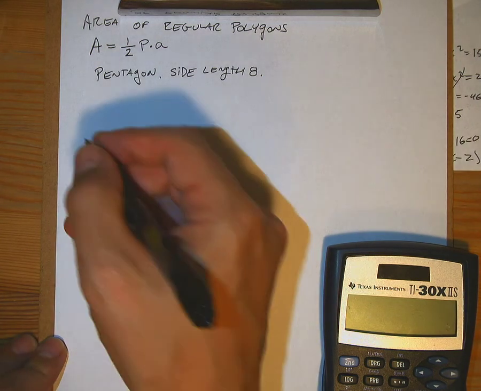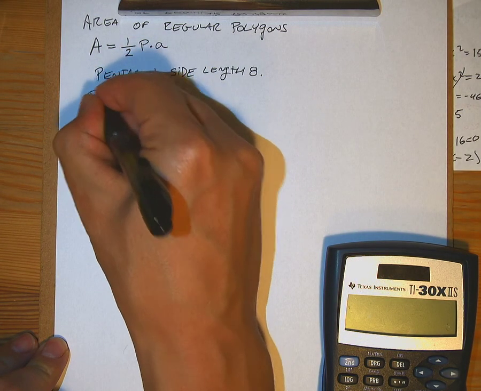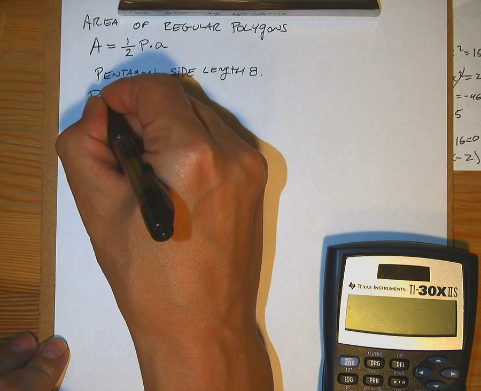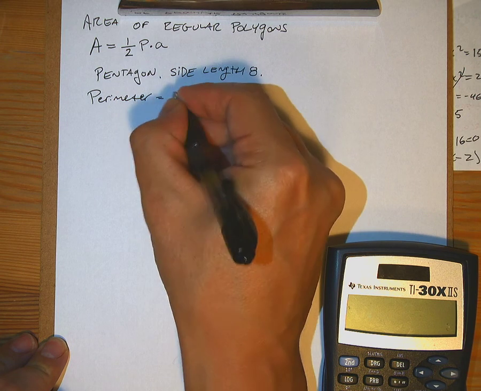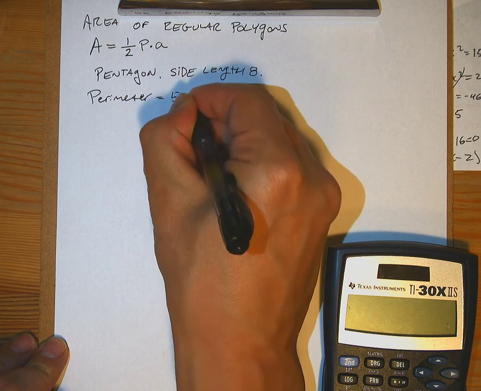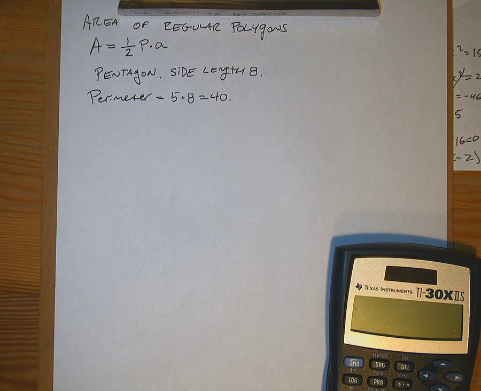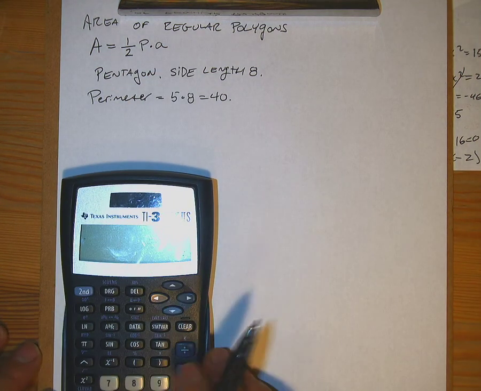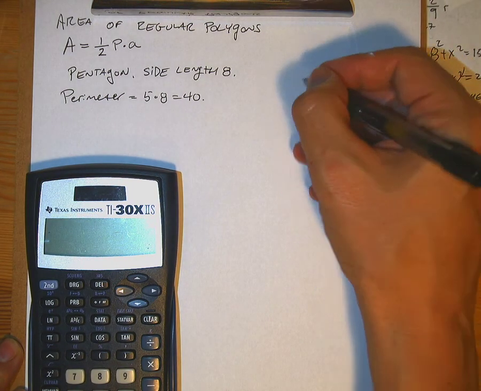So already we know that the perimeter will be 5 times 8, which is 40. Now we just need to find the apothem. And I've got my handy dandy calculator here. Hopefully it's not too glary, but here we go.